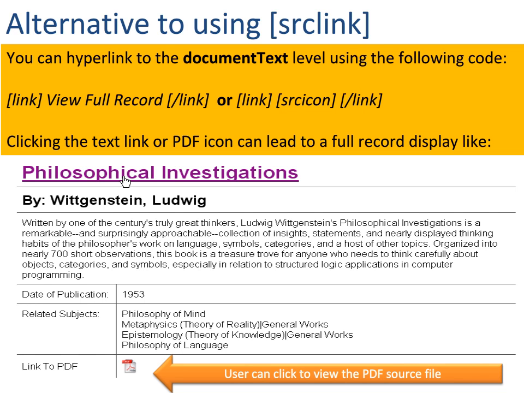So if we use link instead of source link, we can take it to the document text. So the person browses the index, sees something that looks interesting, they click, they get more information. Now, if they really want this, they can click on the PDF icon to get the actual document, or they could go back to the index. So this can be, in some ways, a way of providing a lot more value or information about the actual record.